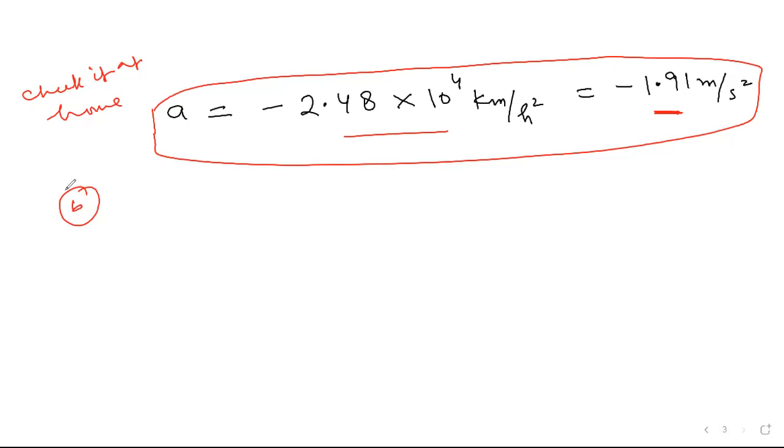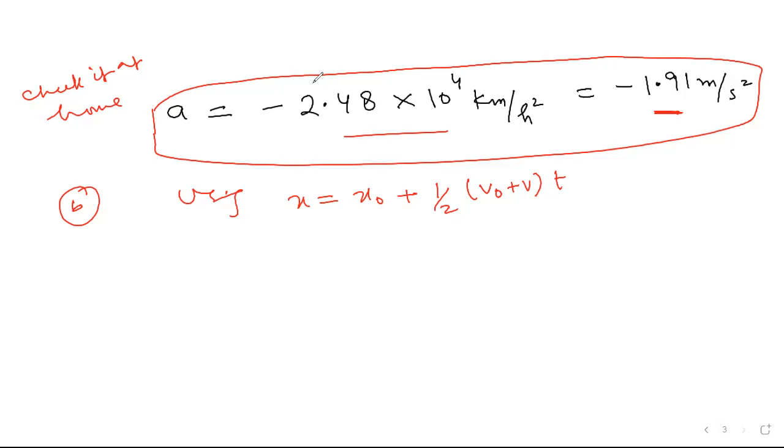And that equation is this: x is equal to x naught plus half v naught plus v times t. Remember, in the last problem, we discussed the 5 equations of motion. 2 are basic and 3 are obtained when we eliminate different variables, right? This is one of them. You can check in the last lecture also.